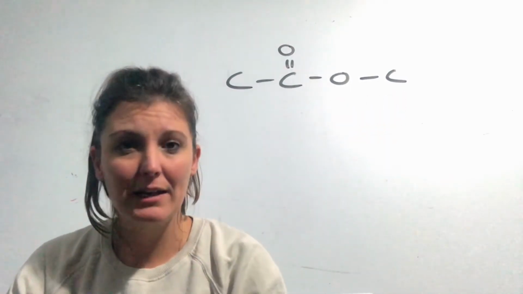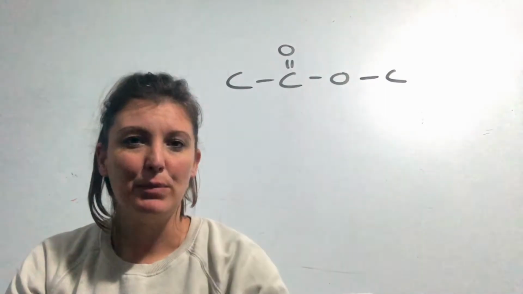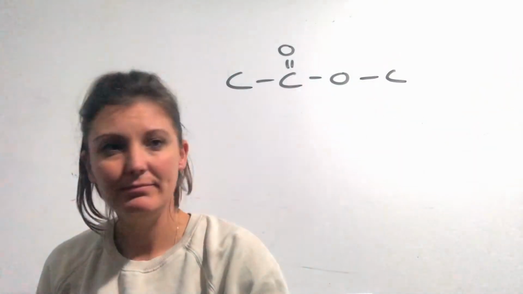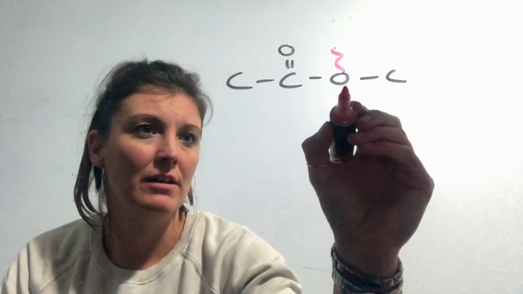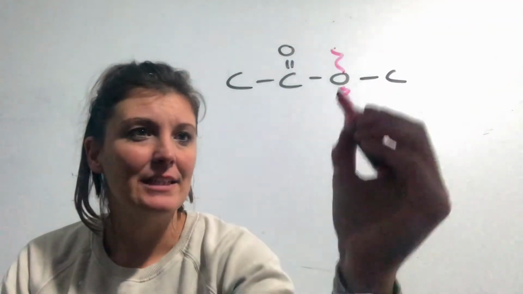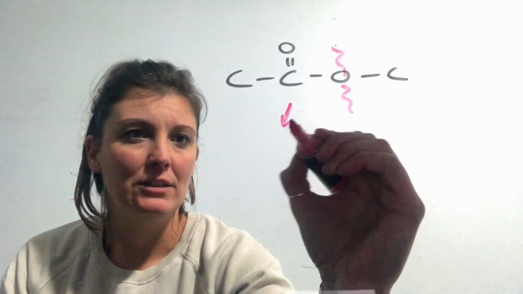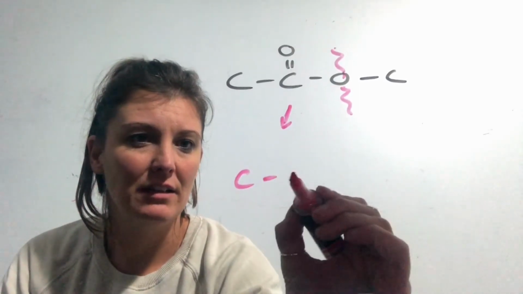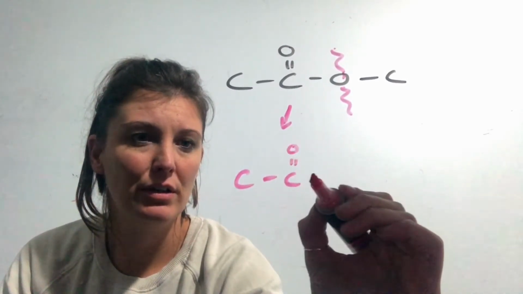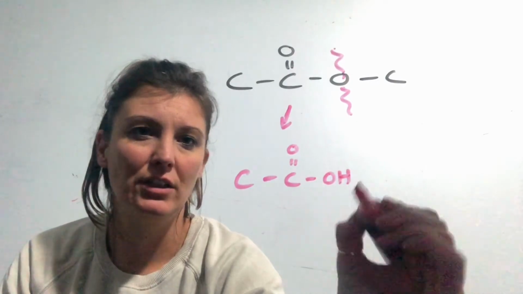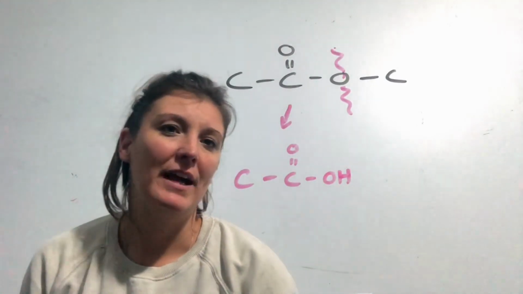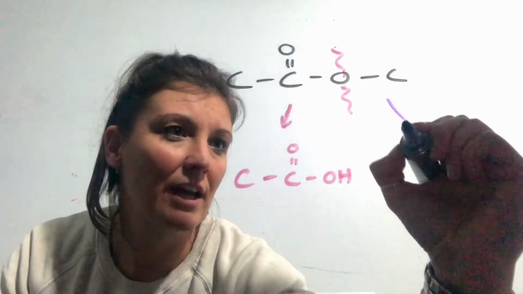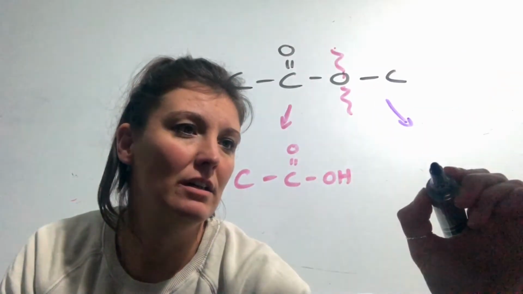Okay, so if we break it up by using an acid, what's going to happen is the acid's just going to split this bond again, and as it splits it, it goes back into the C double bond O OH that it used to be, and the other side goes back into the original state, and that's the alcohol.